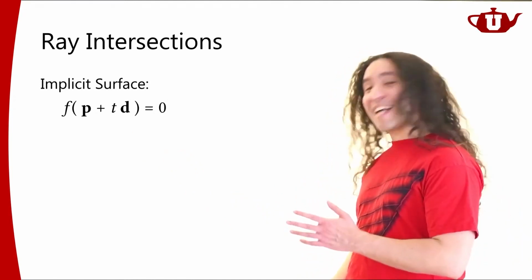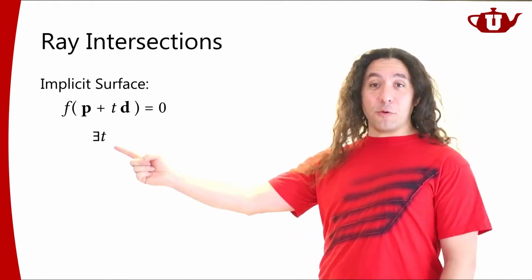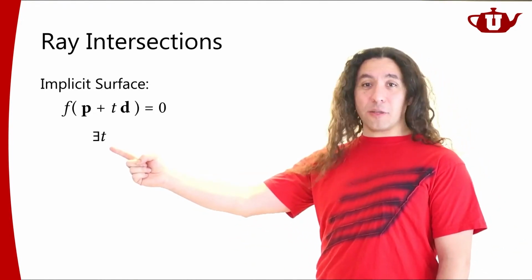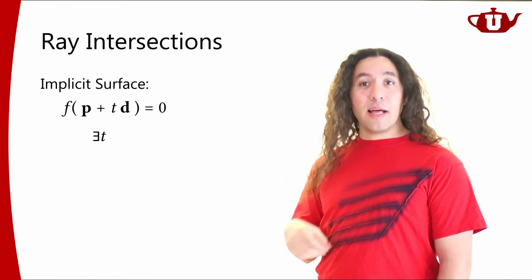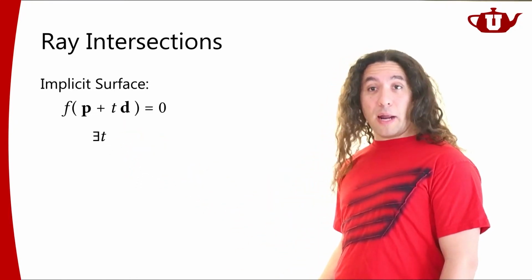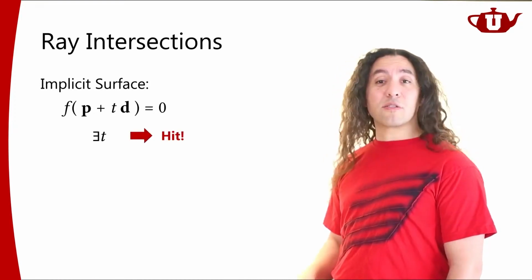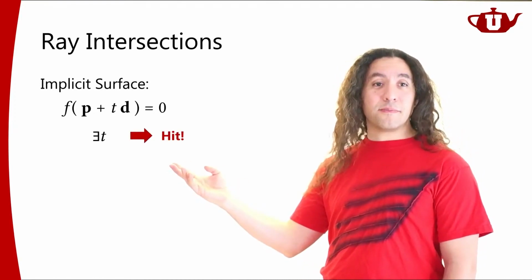That is, if there exists any t value such that this equation is satisfied, that means my ray is intersecting with the implicit surface. That means it's a hit.